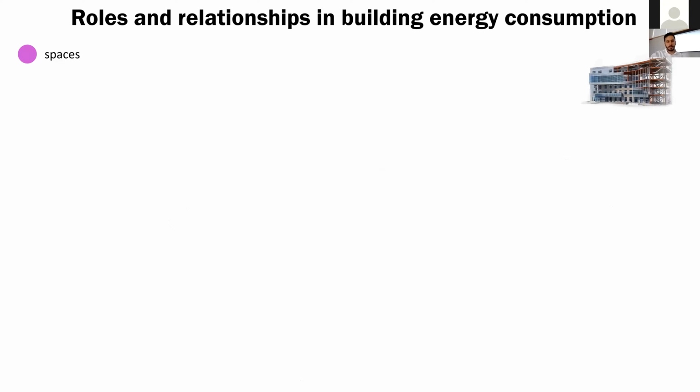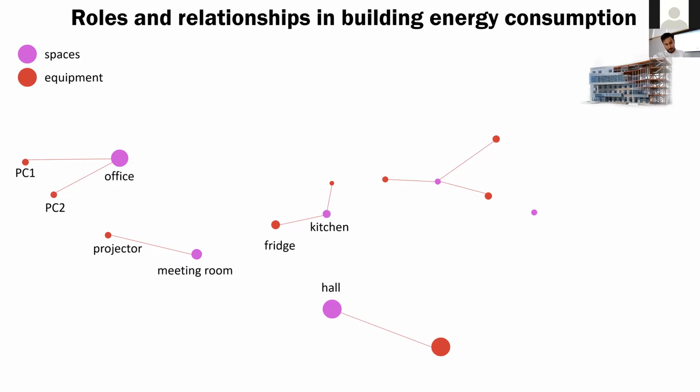Okay, so for an example, if we're talking about building energy consumption, and I'll be focusing more on building energy consumption, but you can extrapolate that to different aspects of sustainability. One of the main aspects in building energy consumption is the spaces that we have within our building. This includes where the spaces are located, their areas, their number of occupants, and maybe the envelope or the materials that we use, and how they're connected to equipment in those spaces, which will somehow affect the energy consumption.